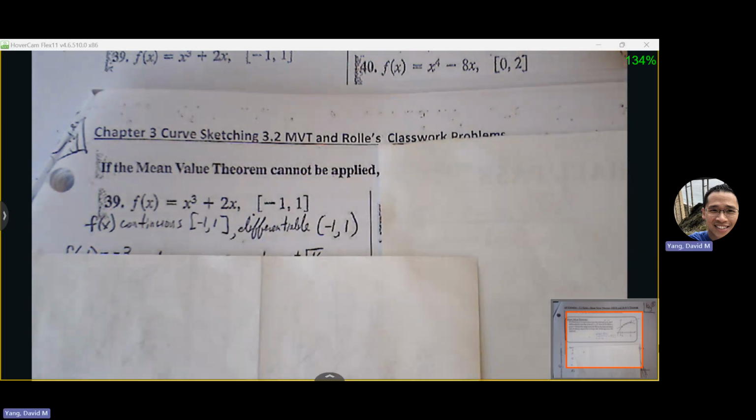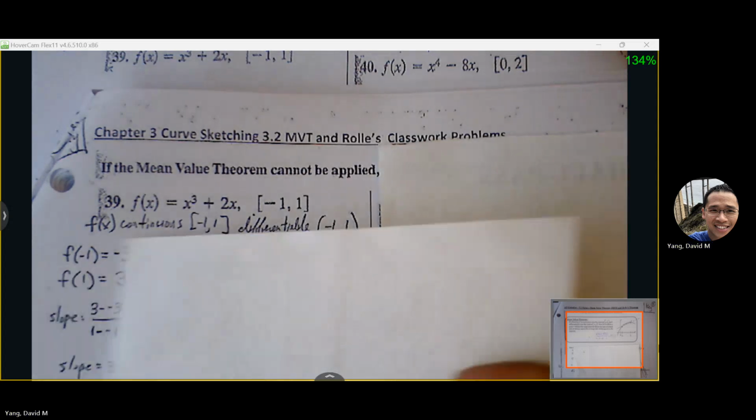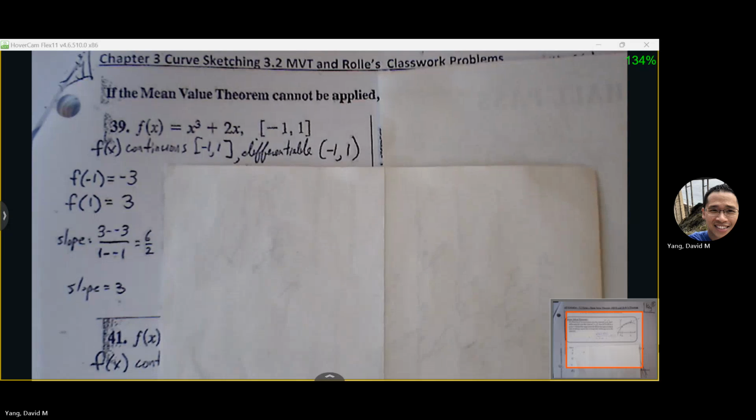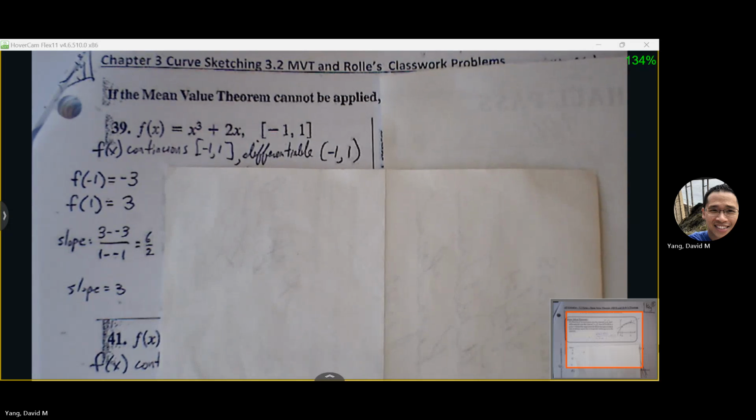So we'll find f of -1, we'll find f of 1, find the slope between the two endpoints. So we should get a slope of 3.